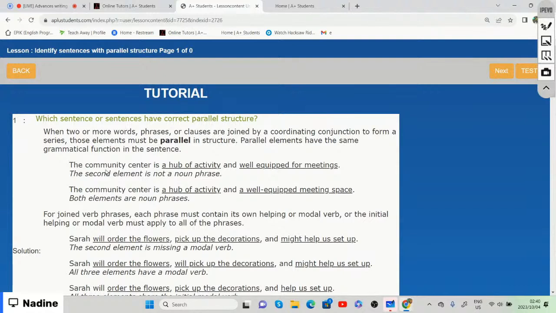An example is: the community center is a hub of activity and well equipped for meetings. And: the community center is a hub of activity and a well equipped meeting space. So you can either say it is for meeting or you can say it is a meeting space, right?